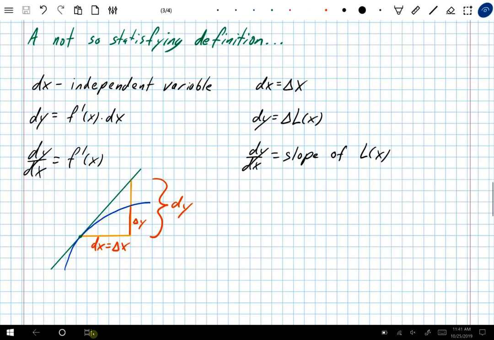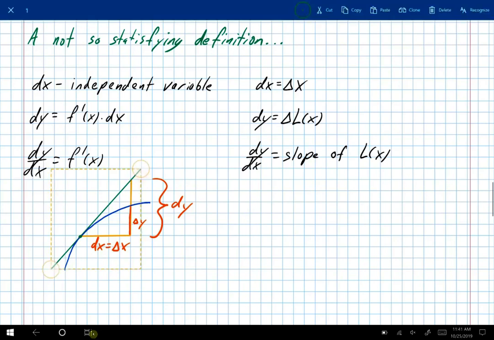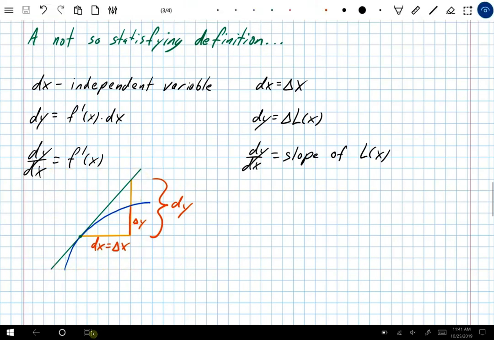Meanwhile, there is this other thing called delta y. But delta y belongs to how much the function's changing. So in this case, our delta y is actually less than our dy, because it curves down. The change in my function, this delta y, is smaller than my dy, which lives on the tangent line. Got it?